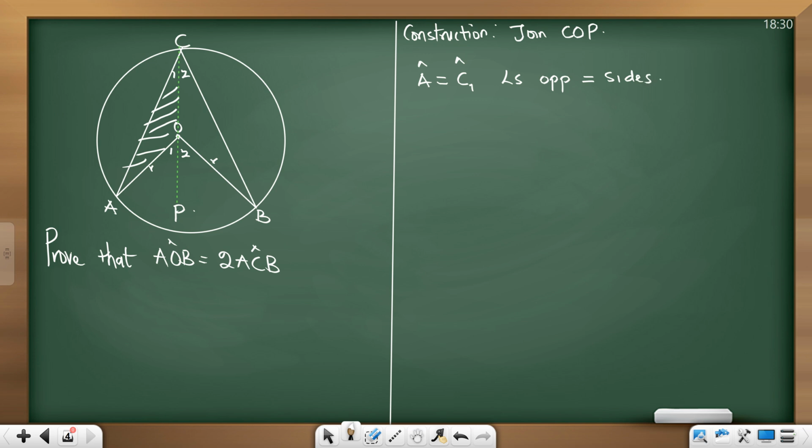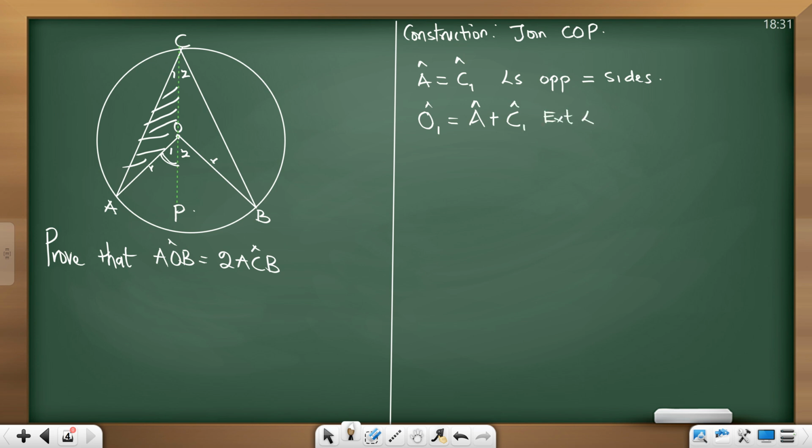It therefore makes this angle. Now we go back to grade 9. Exterior angle of a triangle is equal to sum of opposite what? Interior. So it makes angle O1 therefore to be what? Let me do this. Angle A plus angle C1.